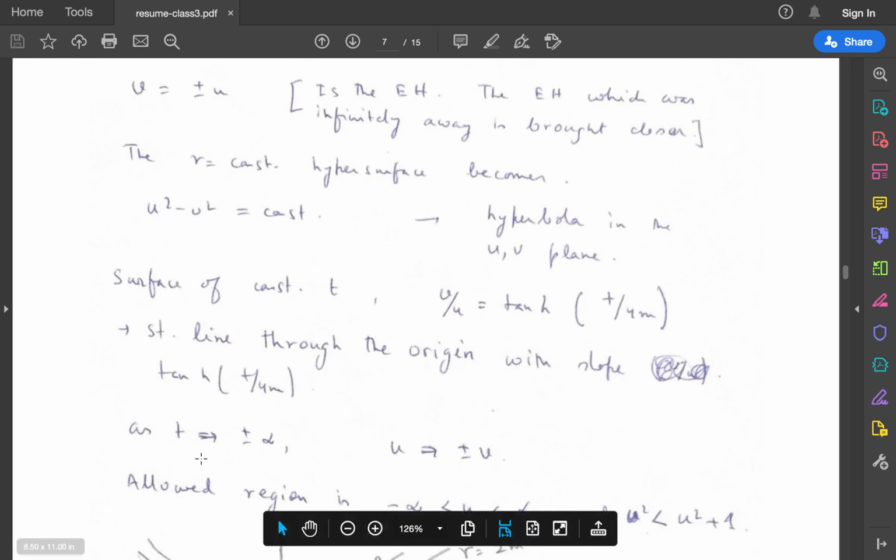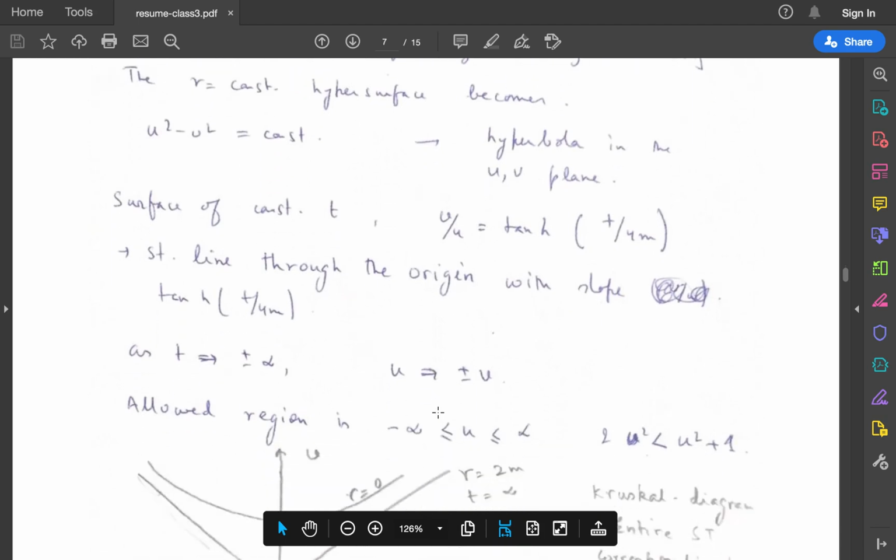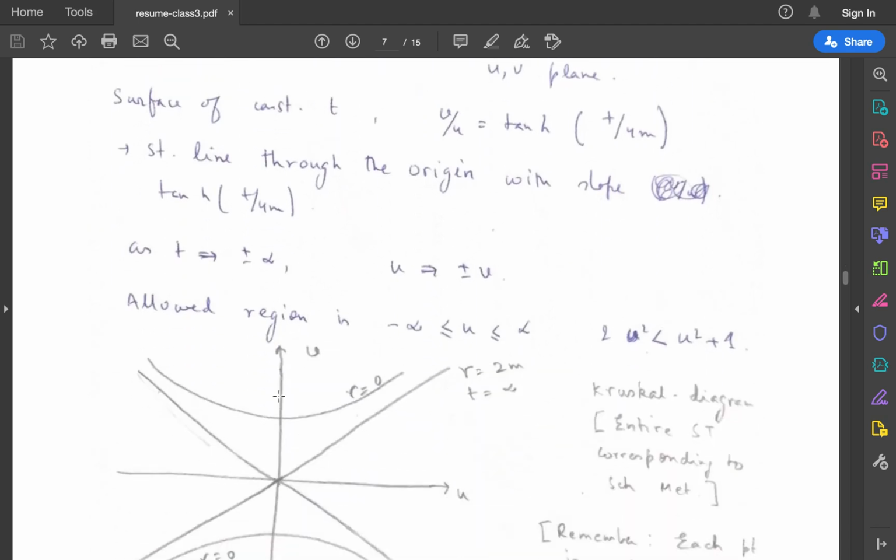And as t tends to plus minus infinity, u becomes either plus or minus v, so u and v become the same. This line becomes a line of slope plus minus 1. And the allowed region is u running from minus infinity to plus infinity, and v square less than u square plus 1.